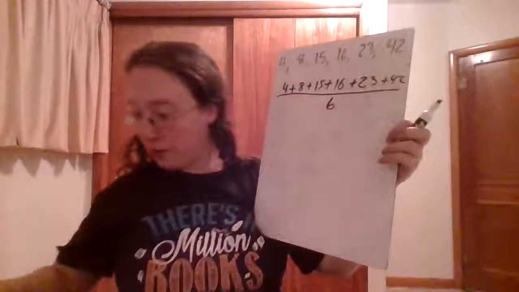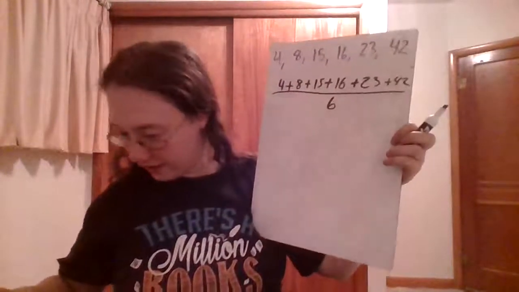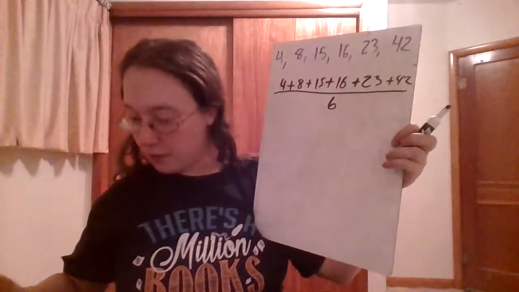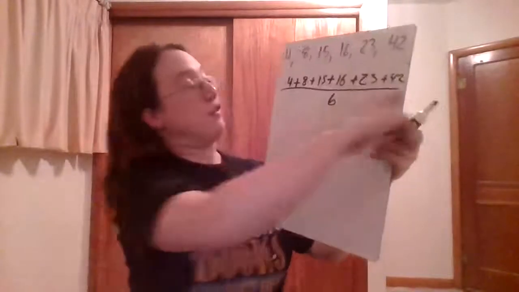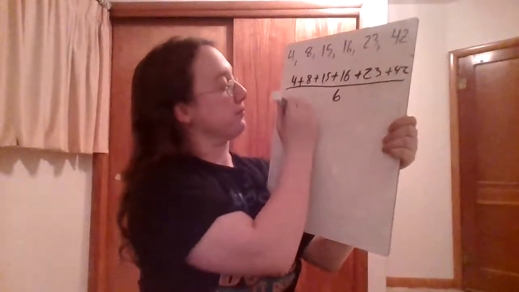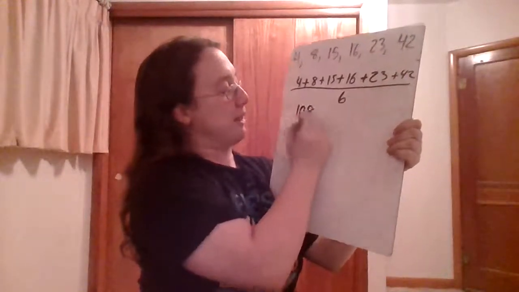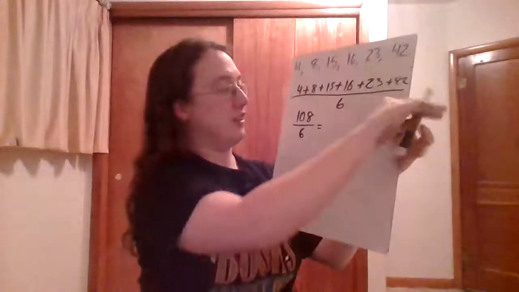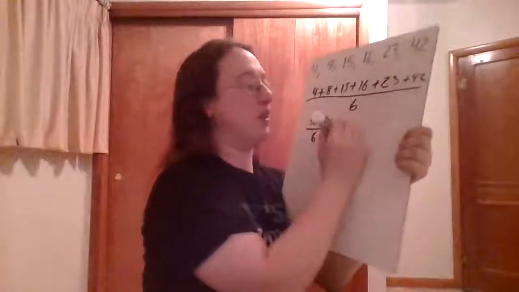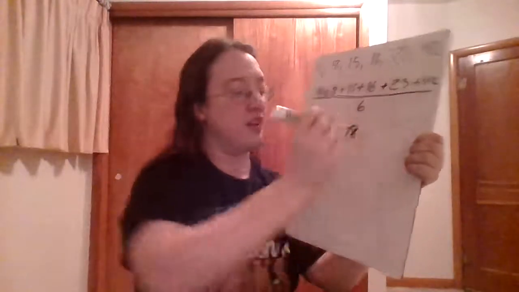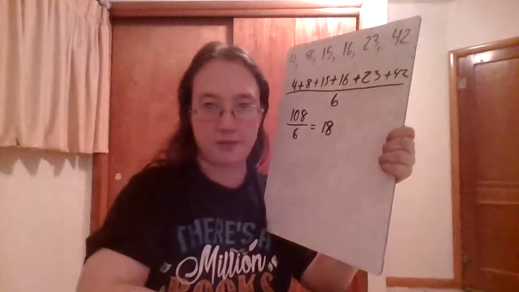Alright, so we're going to take 4 plus 8 plus 15 plus 16 plus 23 plus 42 gives you 108 divided by 6 gives you 18. Okay. So that's our mean.